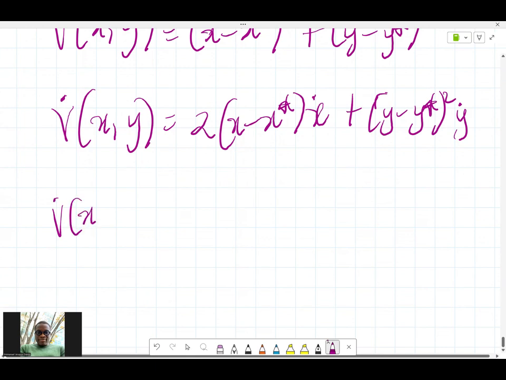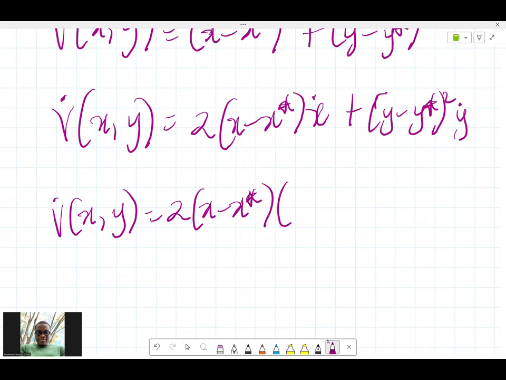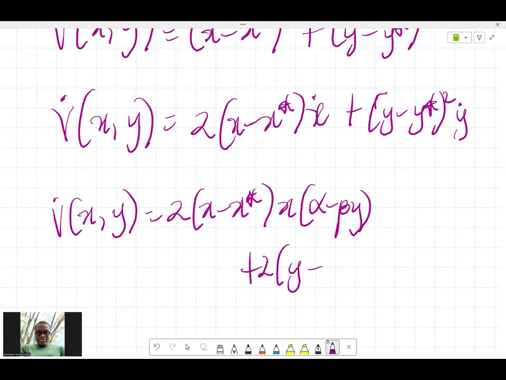Remember, x dot was x(alpha - beta y), and y dot was y(delta x - gamma). The power 2 should come down here, so we have 2 before that.